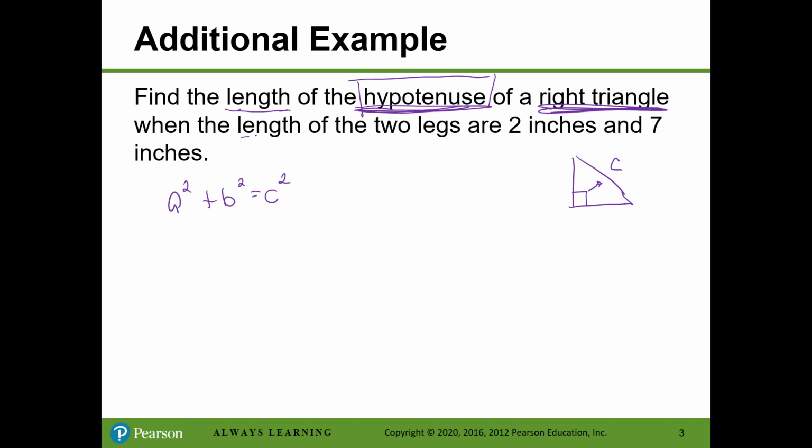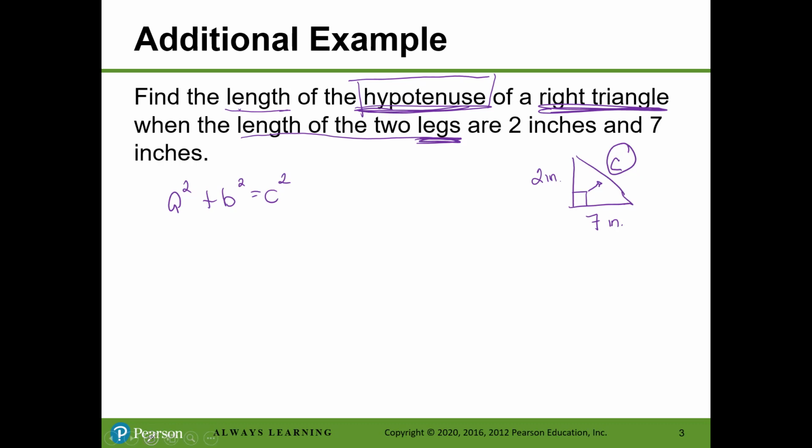And then they told me the length of the 2 legs are 2 inches and 7 inches. And some of you may go, well, how do I know where the 2 and the 7 goes? It doesn't really matter. Pick one. All I know is that the 2 and the 7 are the legs because they asked me to find the hypotenuse.